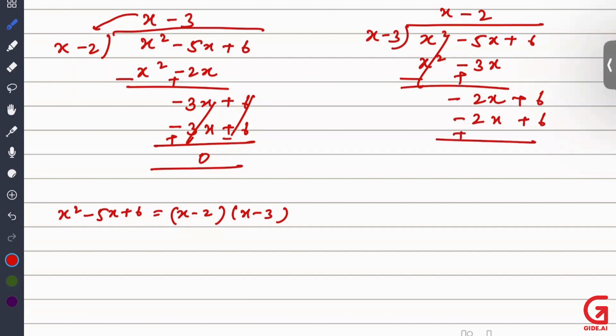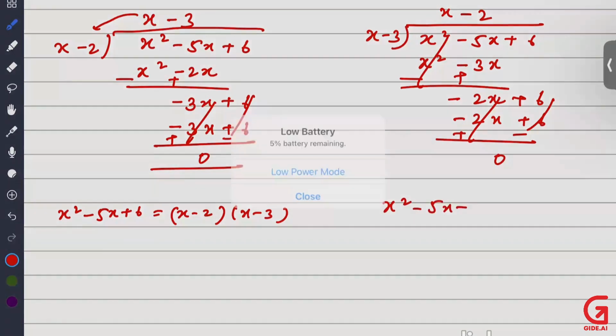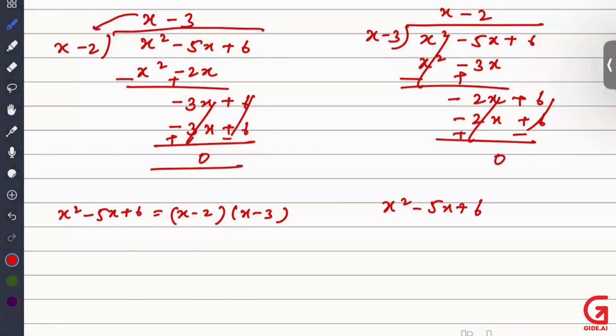You subtract, this becomes plus minus, remainder is 0 again. So again, what can you write? You can write x squared minus 5x plus 6 is equal to x minus 2 and x minus 3. So what I want to say here is basically that it does not matter if you divide it by a factor. If you divide a polynomial by its factor, remainder would be 0.